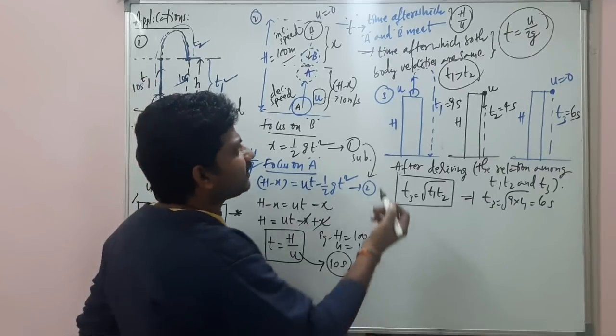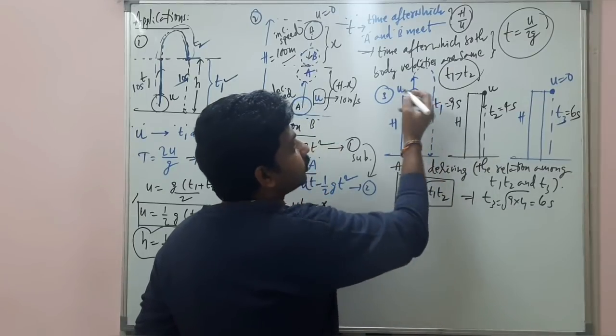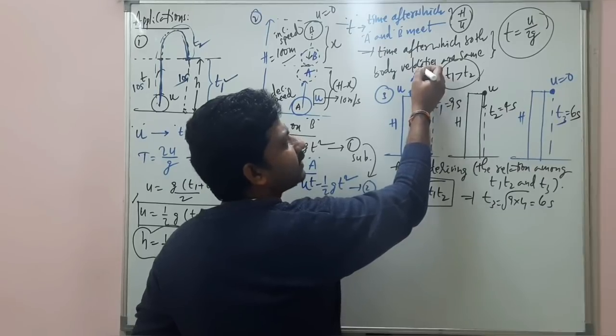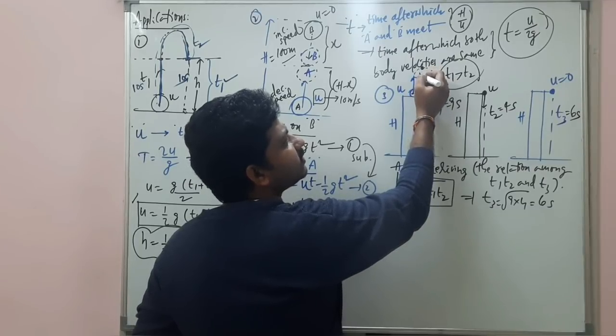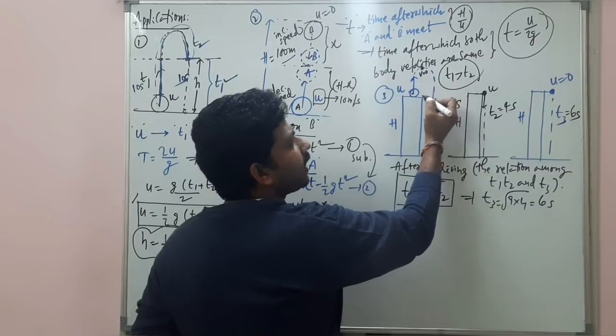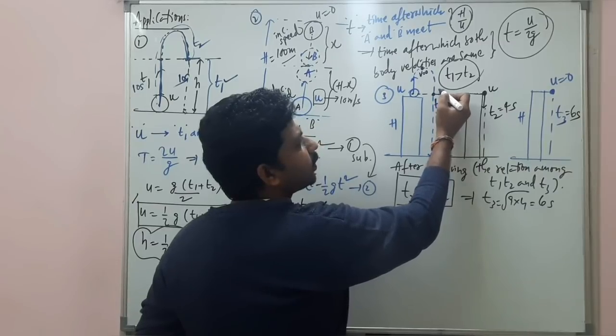Right? So the derivation will be like this. For example, this body is thrown with initial velocity u. It will reach the maximum height where the final velocity will be 0, and again it will come back to the ground. What is the velocity at this point downwards?